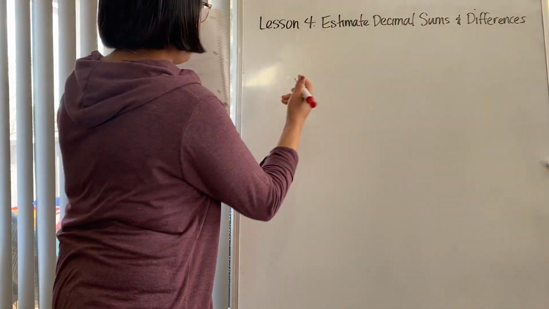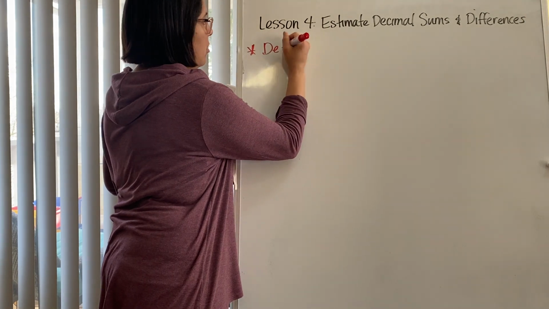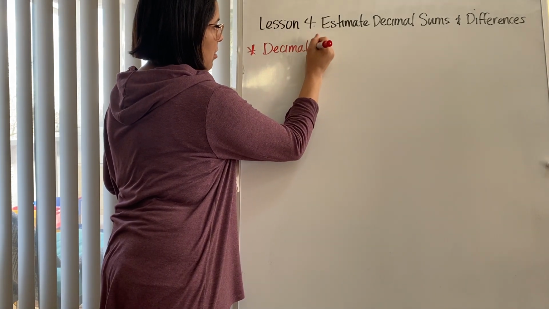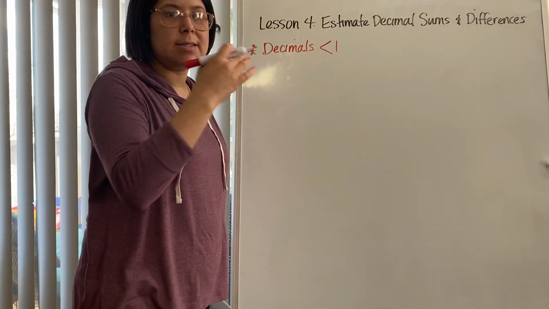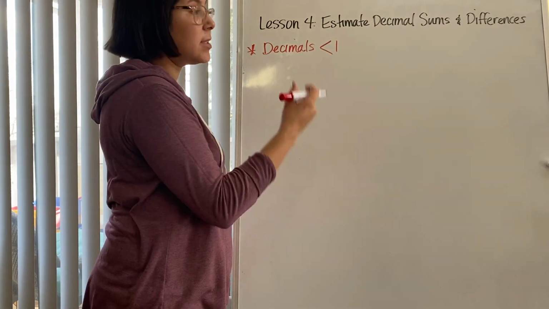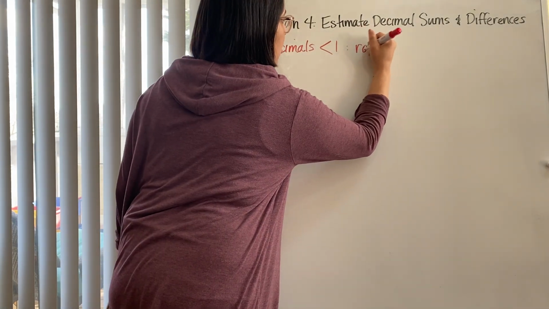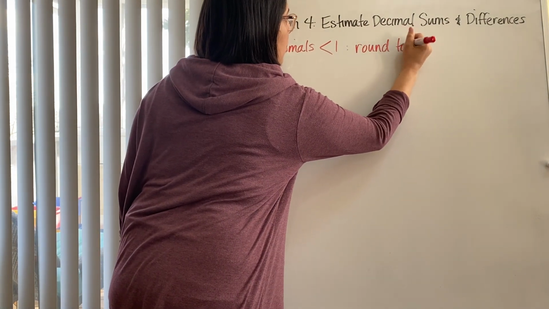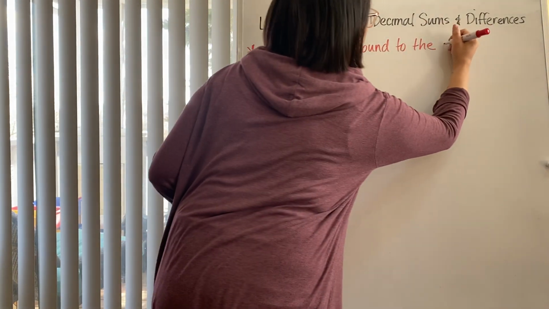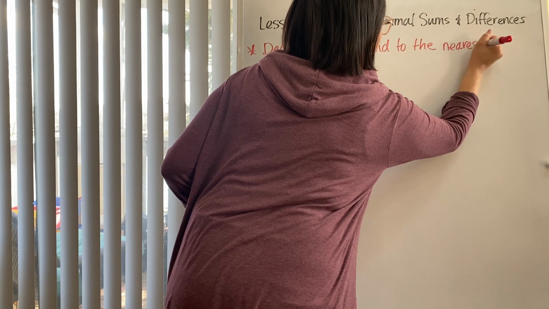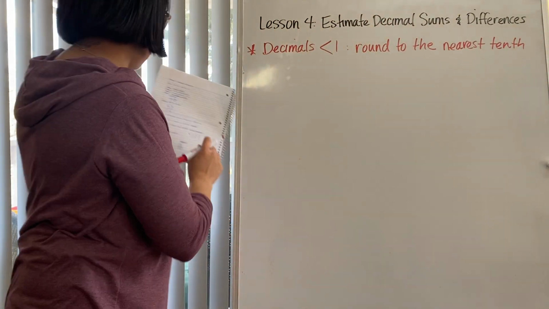All right. So for decimals, make sure you have this. This is going to be a star. For decimals less than 1, that means it's 0 point something something, you're going to round to the nearest tenth. And I'll explain what that means.